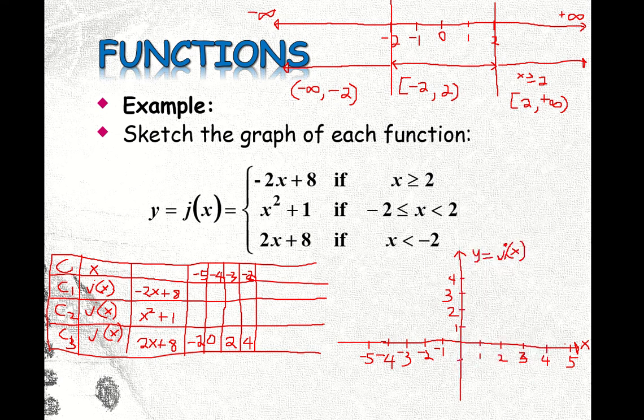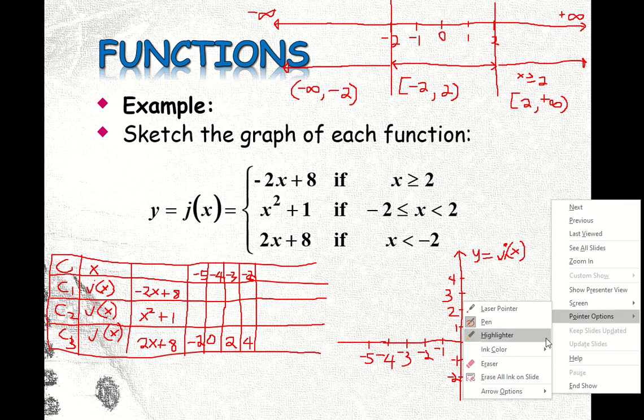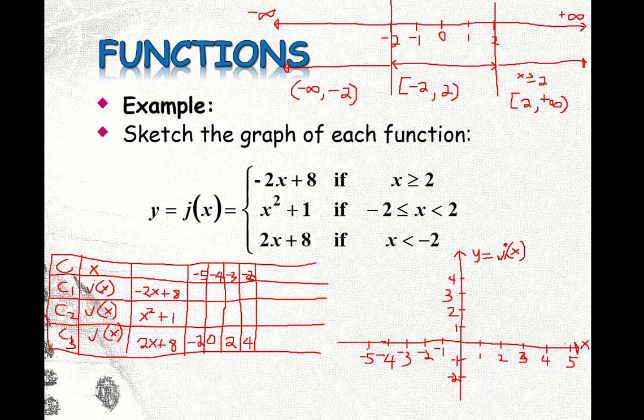So assuming this is our negative 1, assuming this is our negative 2, when x equal to minus 5, our g of x is negative 2, so it's somewhere here. I'll change this color first.